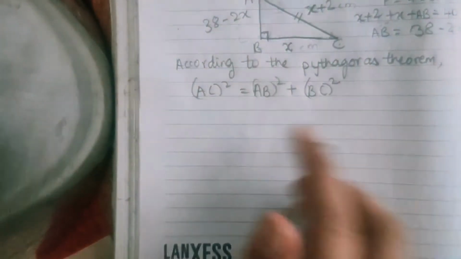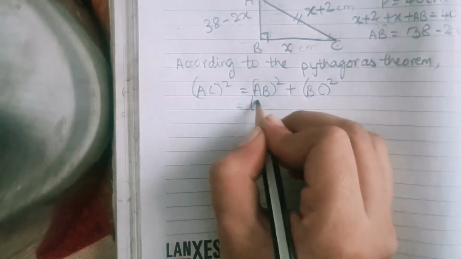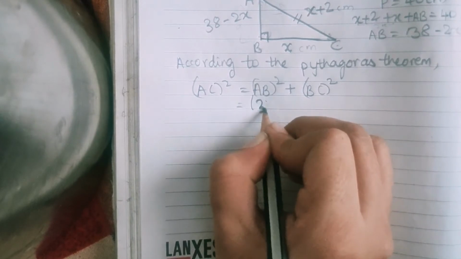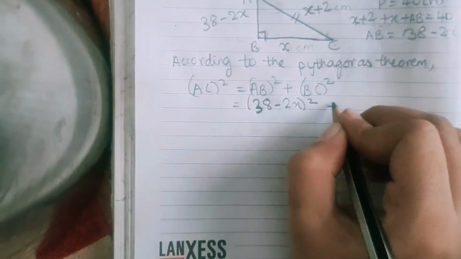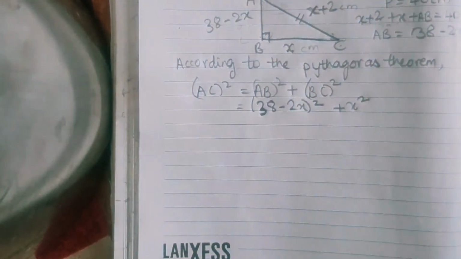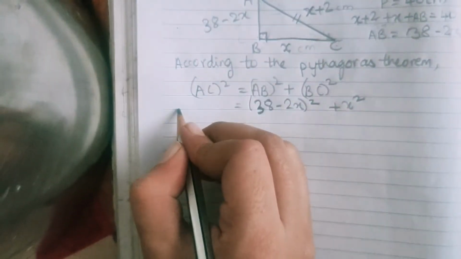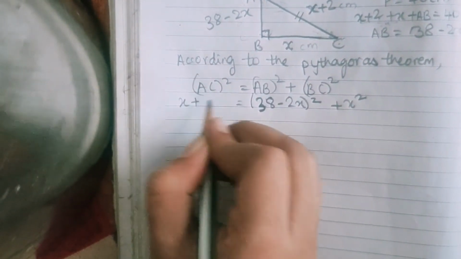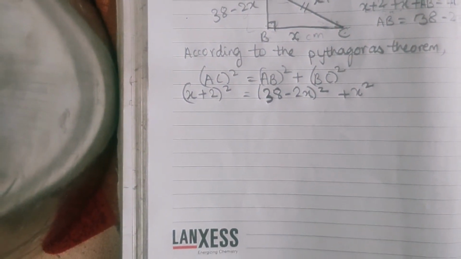So what is AB square? AB square is 38 minus 2x the whole square, plus BC is x square, and AC is x plus 2 the whole square, right?